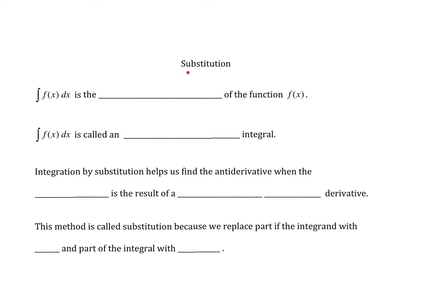Let's talk about the substitution rule. So in first semester calculus, we will learn about two integration techniques. The first one is what I call change the way it looks.